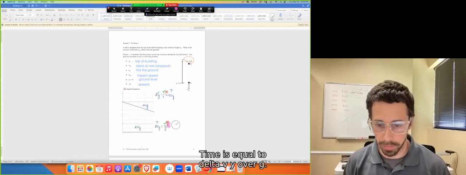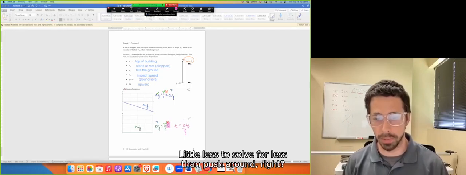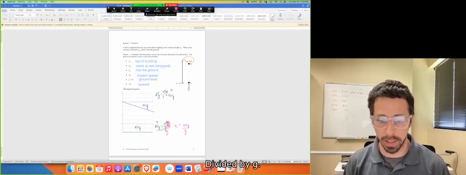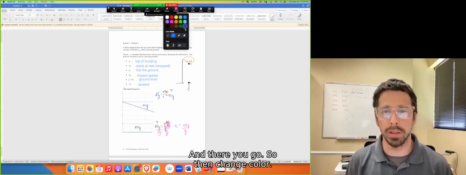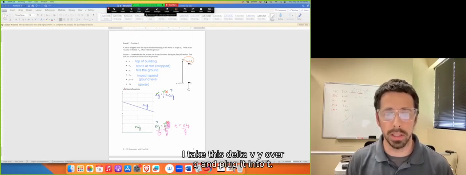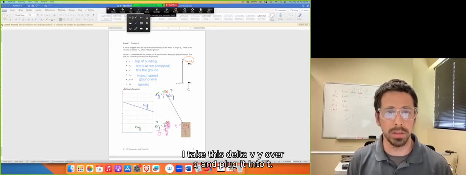So time is equal to delta Vy over g. A little less to solve for, less to push around. Divide by g, g's divide out, and there you go.